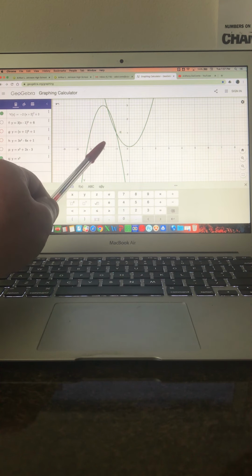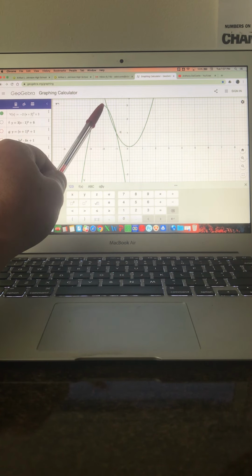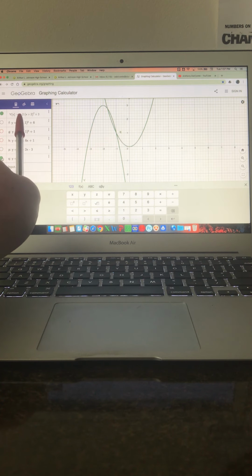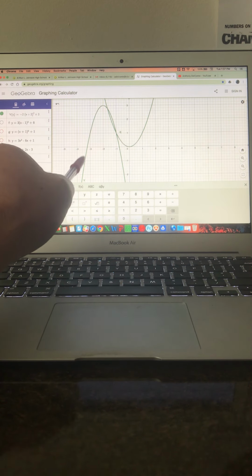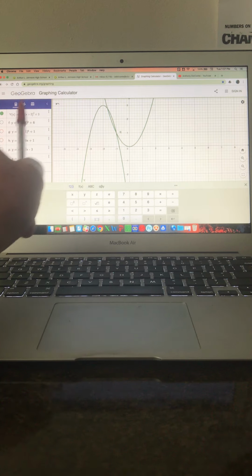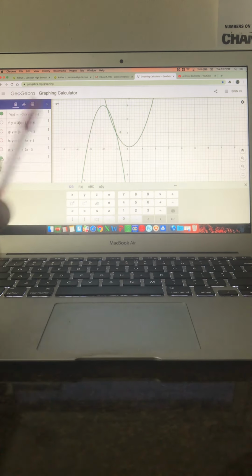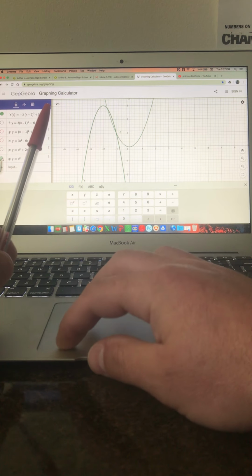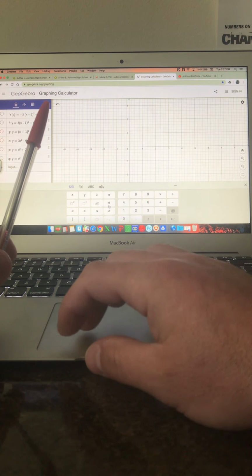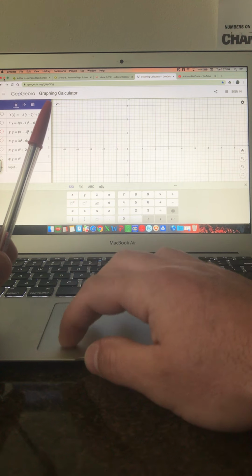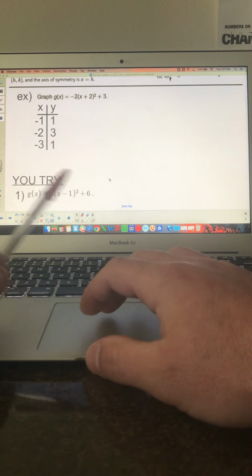Because of the +3, it shifted up 3. And it's negative, so it should be opening down. And it's actually got that vertical stretch, or a little narrower, because of the 2. Holy smokes, Coach Dell, that was what we did the other day. Beasts. Savages. All right, here we go. This would be yours.